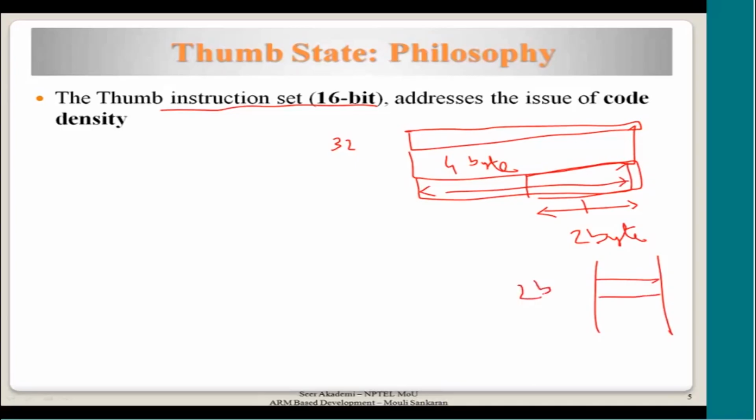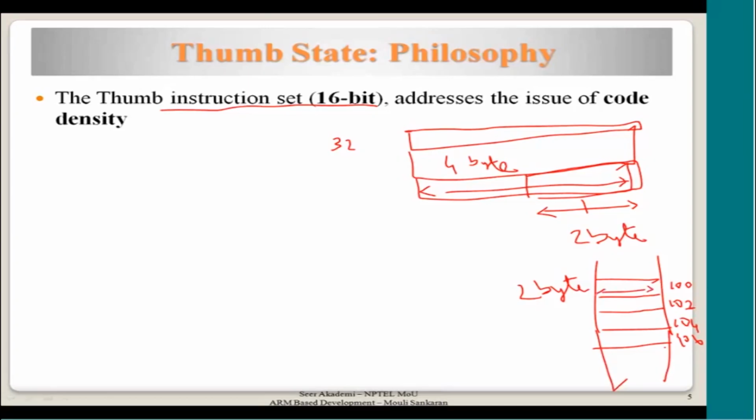Please remember what is a 2 byte boundary and a 4 byte boundary. If we are starting at 100 here, then the next instruction will start at 102, and the next to that will be 104 in decimal, then 106. So it will start like this.